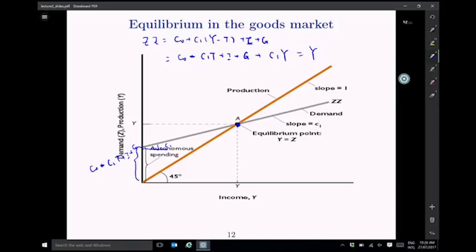At this intersection, aggregate demand from the gray line equals aggregate income on the horizontal axis. The 45-degree line makes sure that these two are the same. That's the equilibrium condition, where aggregate demand equals aggregate income or aggregate output.